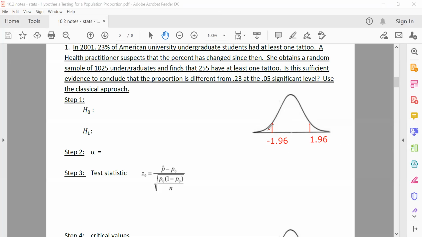So if we calculate a test statistic and it falls down here, it is less than negative 1.96 or greater than positive 1.96, we will be rejecting the null hypothesis. That's called our rejection region. Remember, we're testing that p is equal to 0.23 or p is not equal to 0.23.